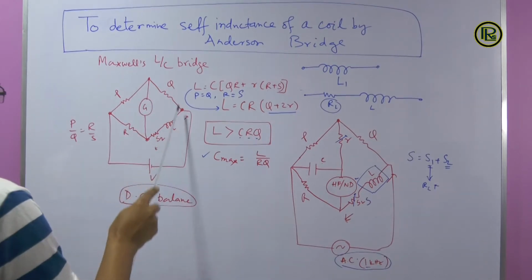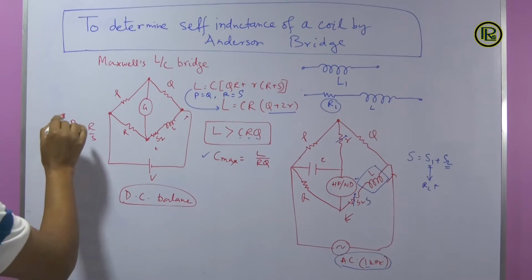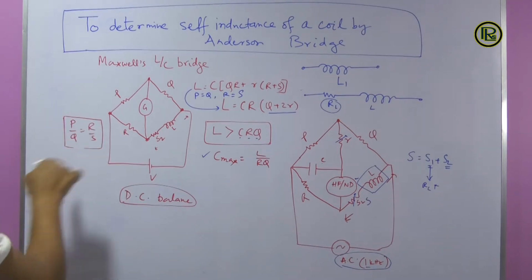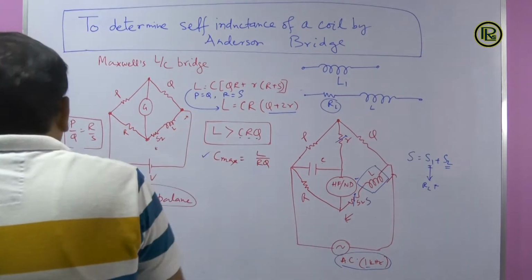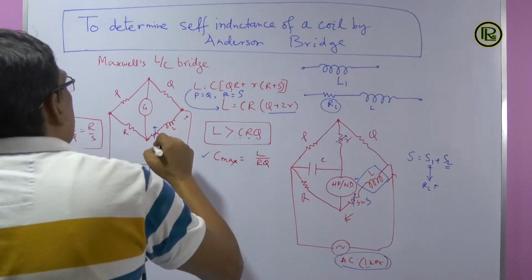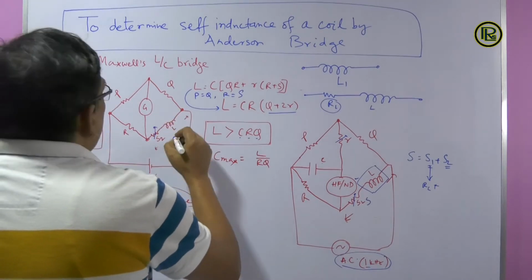In the balance condition, P by Q becomes equal to R by S, and this S2, again, like I said earlier, is variable and this has resistance S1.